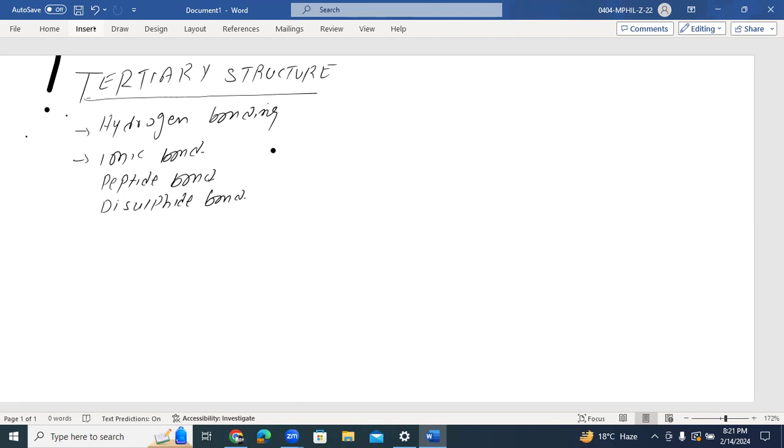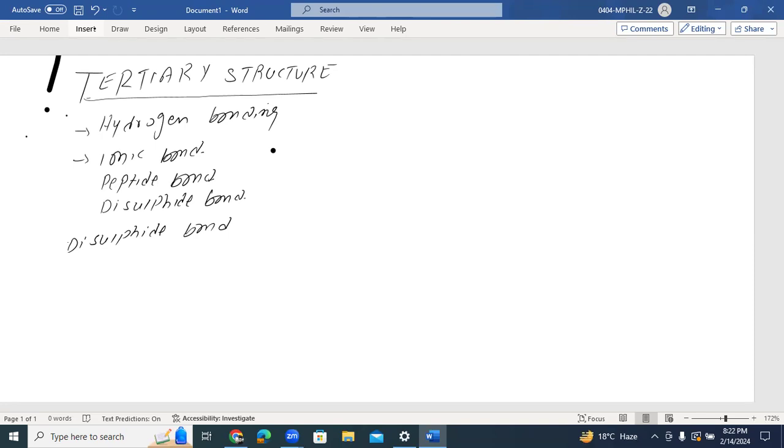All right. So now we are going towards a disulfide bond, which will be formed here. Because it is a disulfide bond, it means the sulfur is involved here.